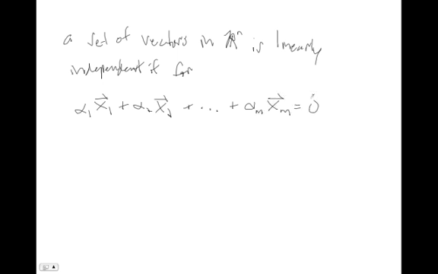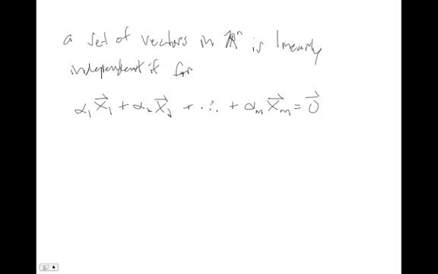equals 0. So this is just the first half of this statement, but let's stop for a minute and look at what we're talking about here. So we have m vectors here. We're looking at this set Rn, so each of these vectors is an n-dimensional vector. So n and m are not the same number necessarily.